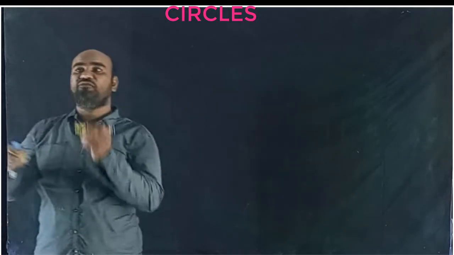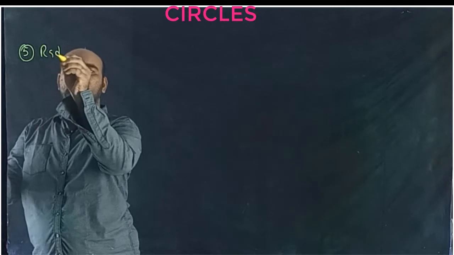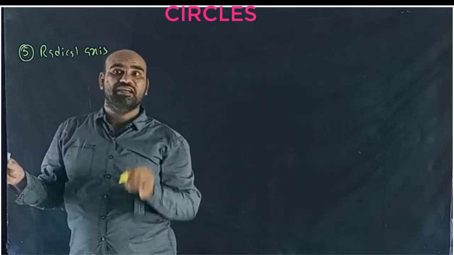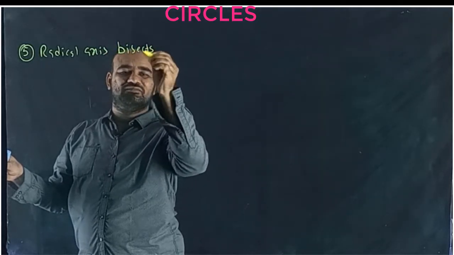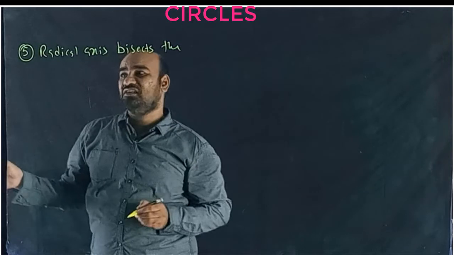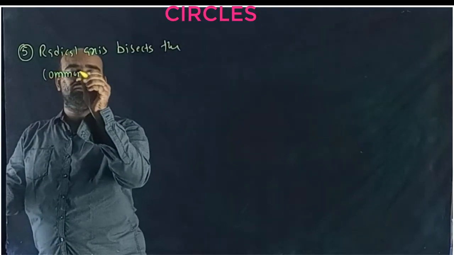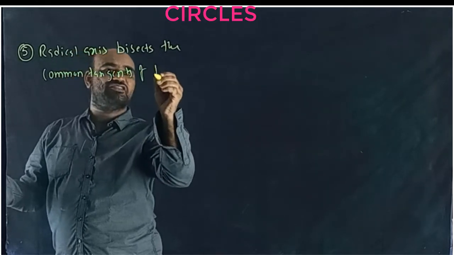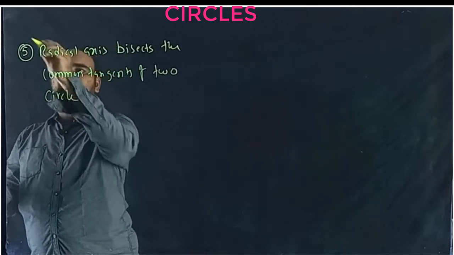Okay, students, fifth note: the radical axis bisects the common tangent of two circles. This is somewhat interesting.